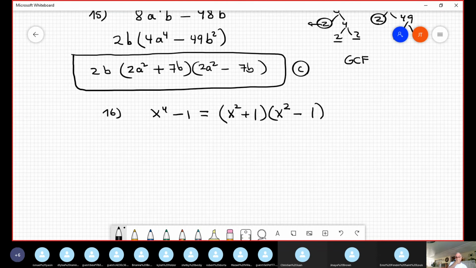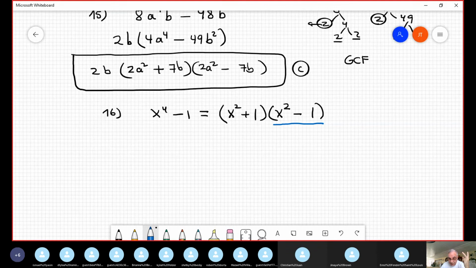Is this the final answer? No. Why not? Because I can see here another difference of squares, so I continue the factorization. In this case, you need to apply the difference of squares two times.